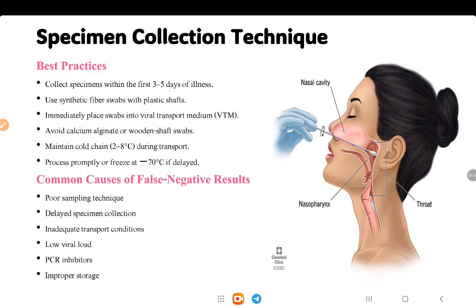For that, medical laboratory scientists have an important role throughout the diagnostic process. You, as medical laboratory scientists, are very important in the diagnostic process. First, we are required at the beginning to check whether the specimen is suitable for testing.